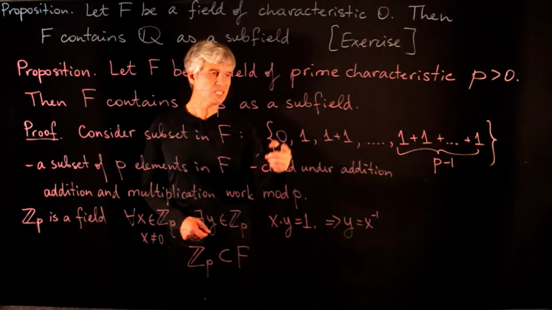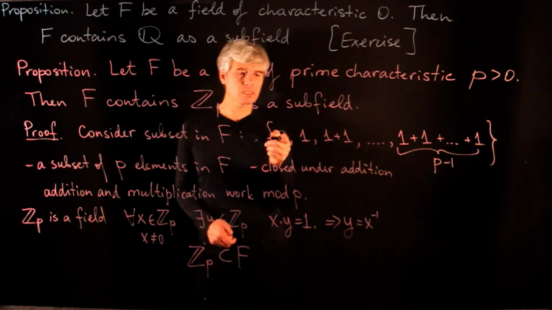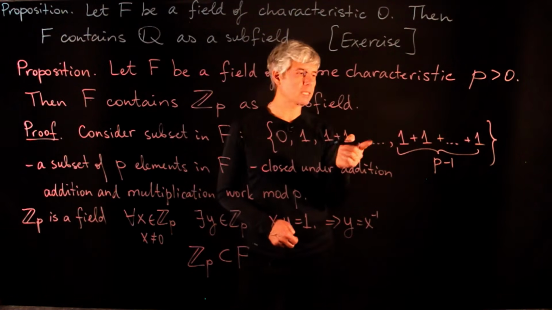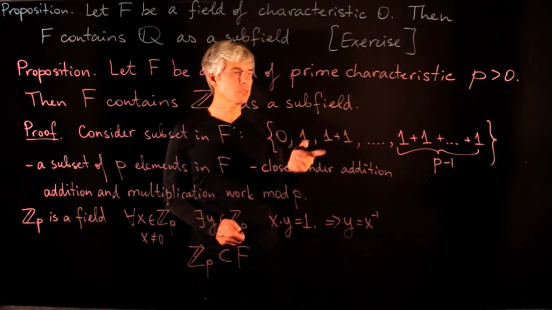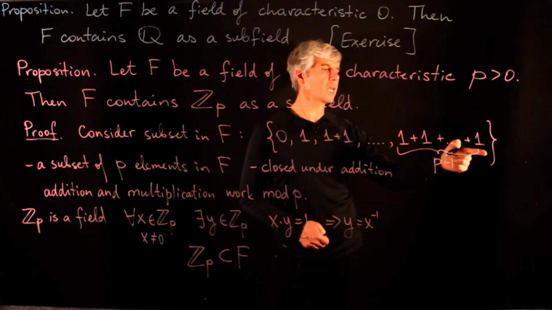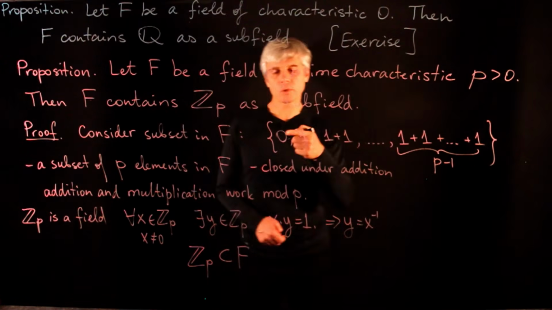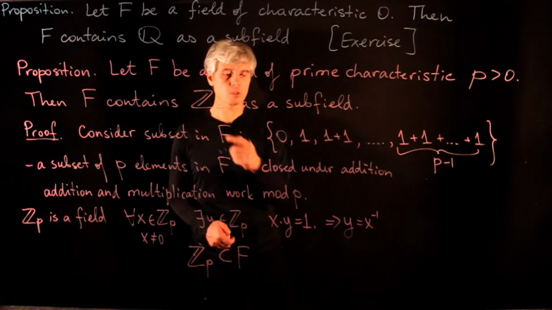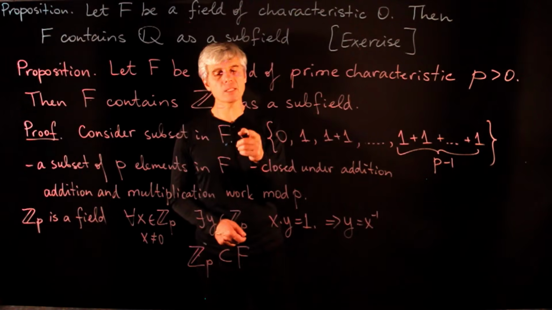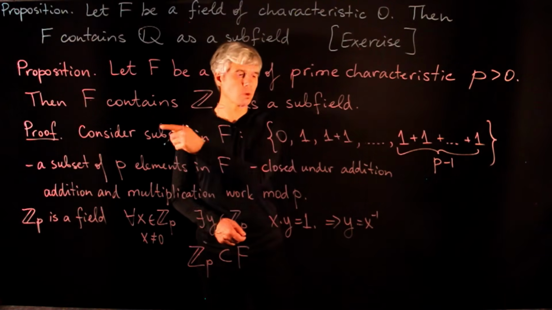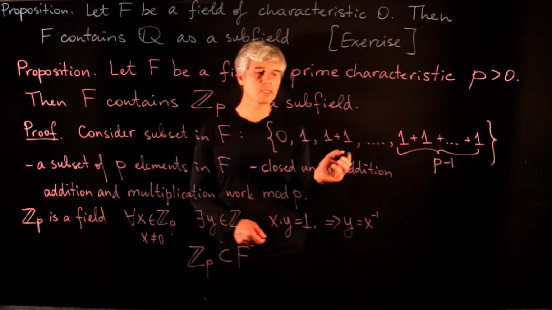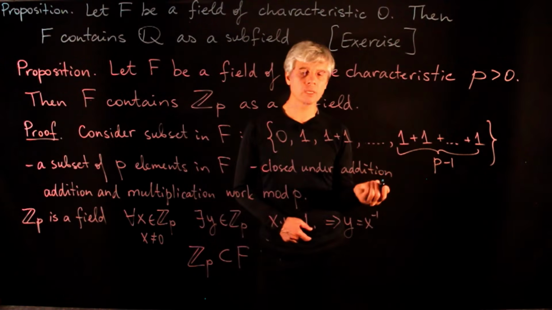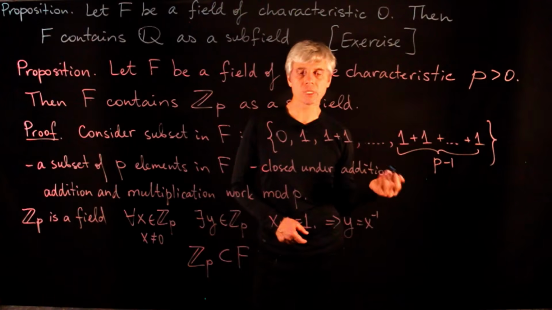Right? So basically, the idea here is that it's not enough to take sums of ones. Well, first of all, in case of characteristic 0, because we are not going to get to 0 eventually here. So this means that we need to go to the left, so that we have to take -1, -2, and so on, right? But then this set is going to be closed under addition and multiplication, but not under taking inverses.